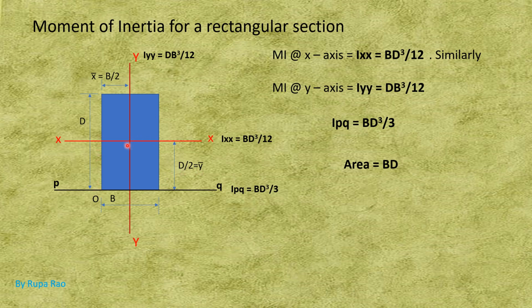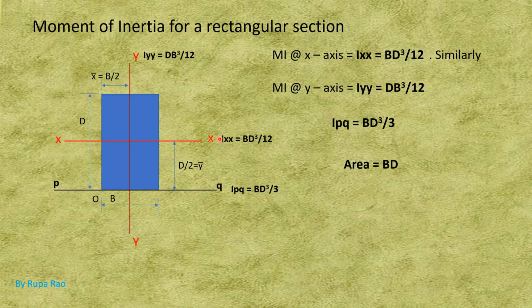This is the centroid, and from this point O, this is the distance b by 2, that is x bar, b by 2. So this horizontal distance from here to here is b by 2. This vertical distance is d by 2. This is the centroid of the rectangle, and this is the first rectangular centroidal axis xx.